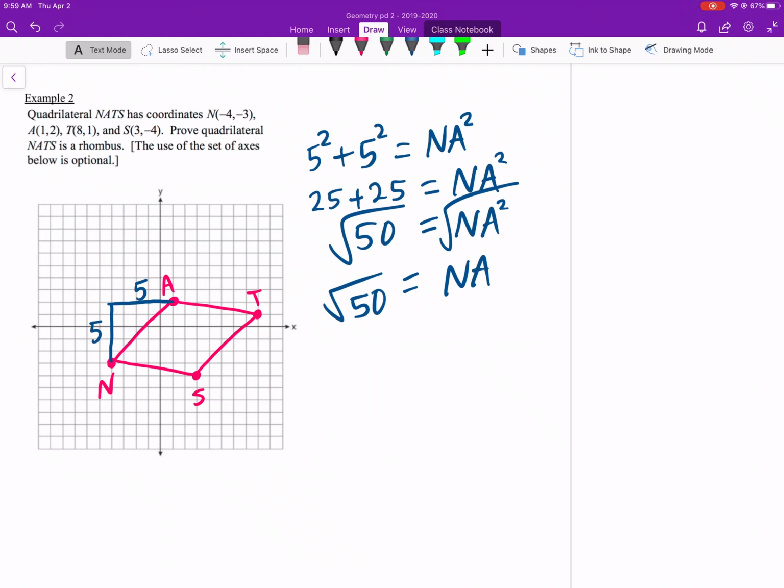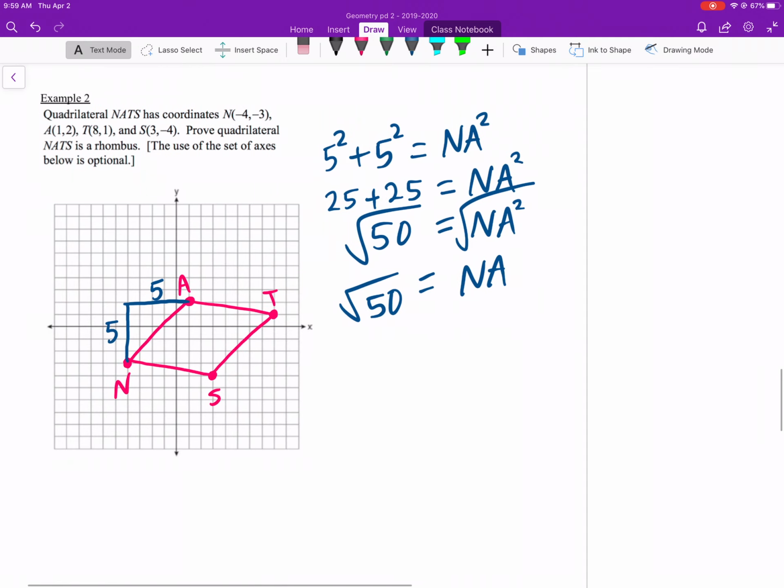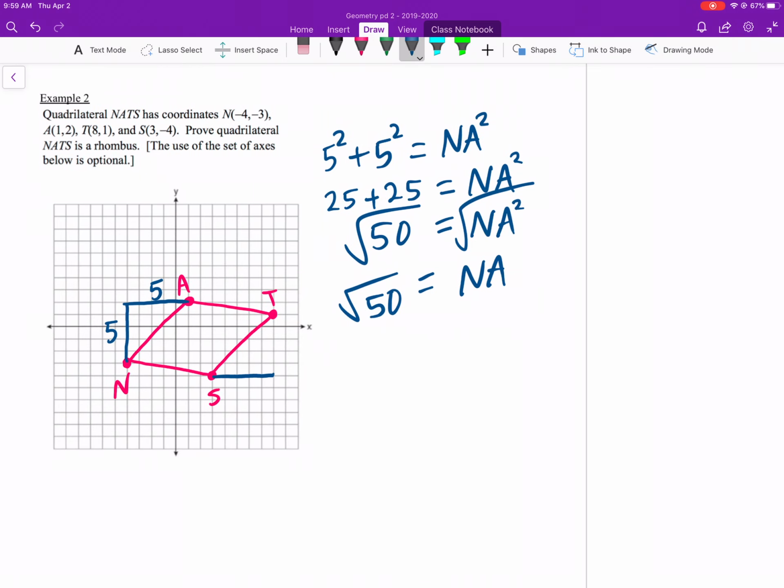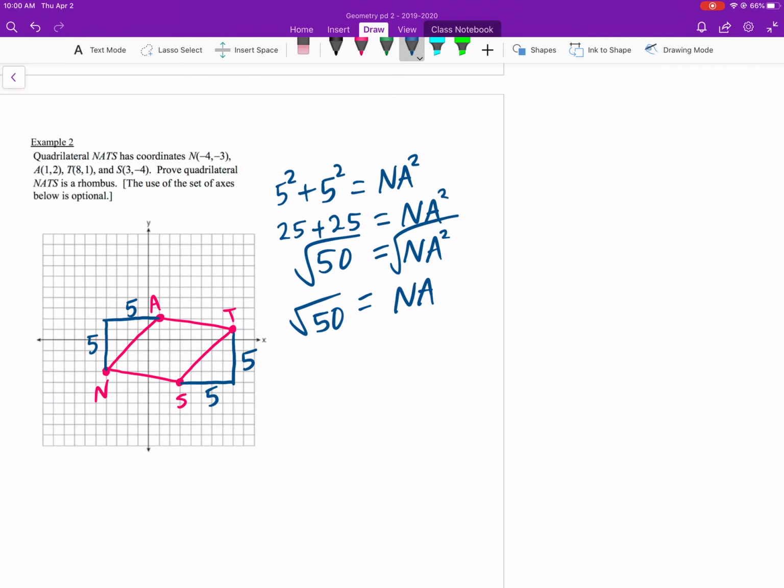So another side length would be ST. You're going to see the dimensions of that right triangle we can make around ST. Those dimensions are the same. This is 5 and 5 again. So it's the exact same work, except instead of saying NA squared at the end, we'll say ST squared. And unfortunately, yes, you have to show the exact same work again with just a different side length.